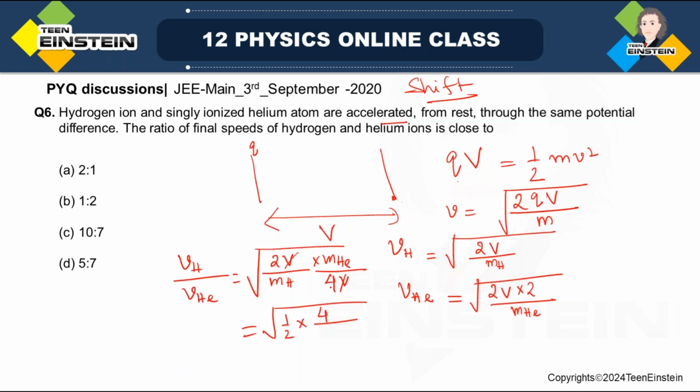So 4 times the mass of hydrogen. So this will become, okay, let me check whether I have made some mistake.